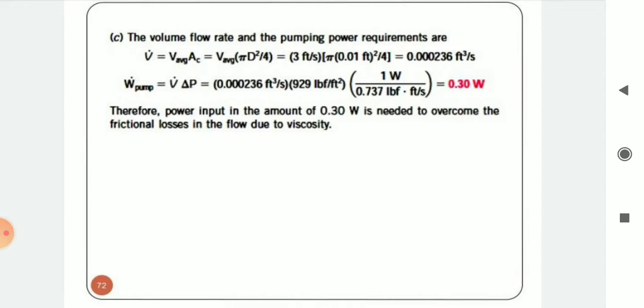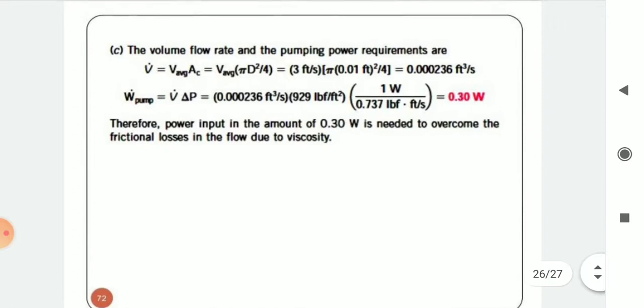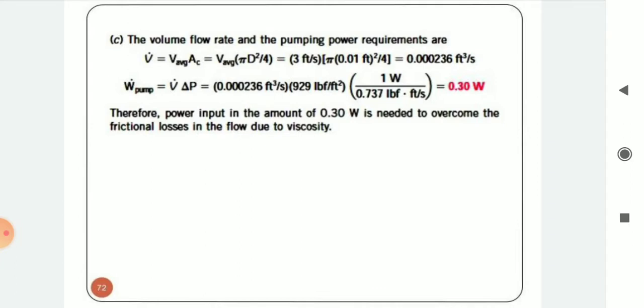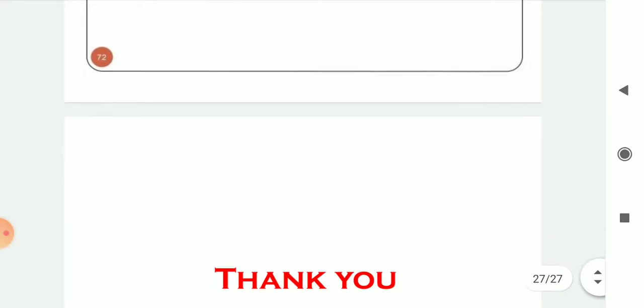Putting the values in that formula, we get V dot equal to 0.000236 foot cube per second, and W, the pumping power requirement, is equal to V dot into delta P. By putting the values, we get pumping power equal to 0.30 W. Therefore a power input of 0.30 W is needed to overcome the frictional losses in the flow due to viscosity.